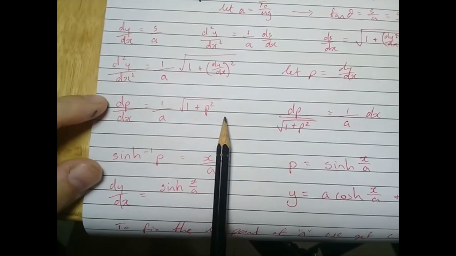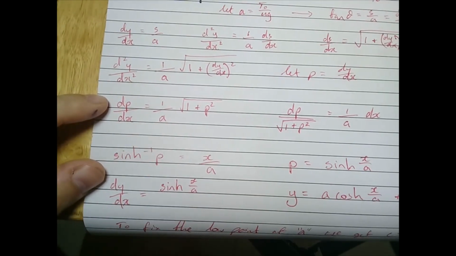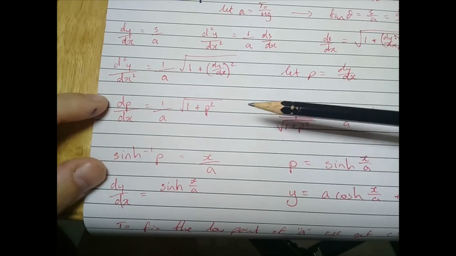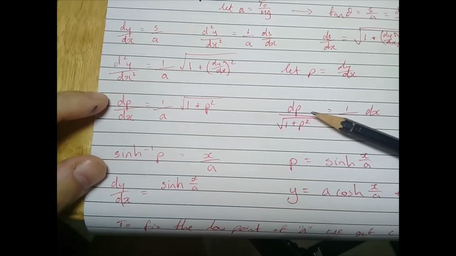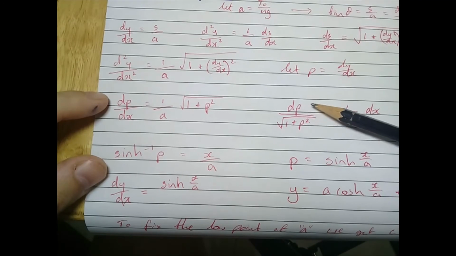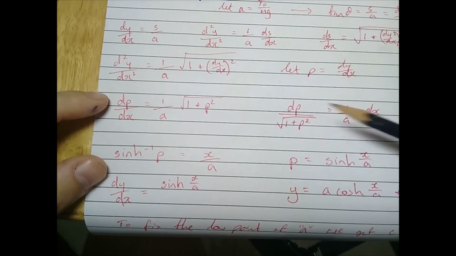Now, this is a differential equation, which you meet in A-level maths, I think it starts in year 13. We can solve this by separating the variables. So I get all the p's on one side and everything else on the other side. I end up with 1 over the square root of 1 plus p squared, dp, equals 1 over a dx.